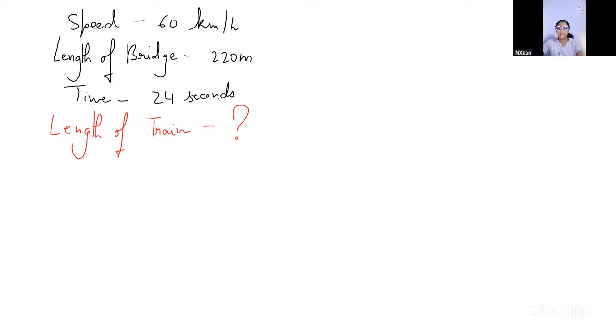Okay, see, a train is moving with a speed of 60 km/h, crosses a 220 meter long bridge in 24 seconds. Now we have to find out what is the length of the train.